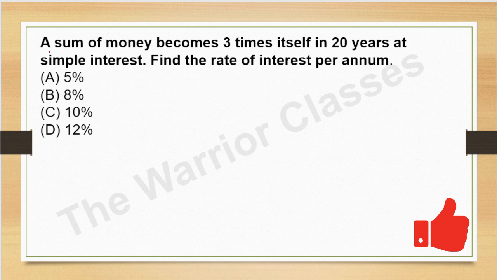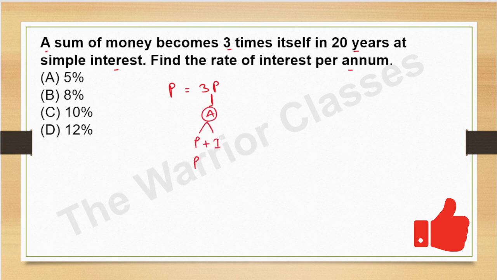Now in the question, a sum of money becomes 3 times itself in 20 years at simple interest. Find the rate of interest per annum. In the question given, the principal becomes 3 times, meaning 3P. So this 3P is our amount. Amount is principal plus interest.